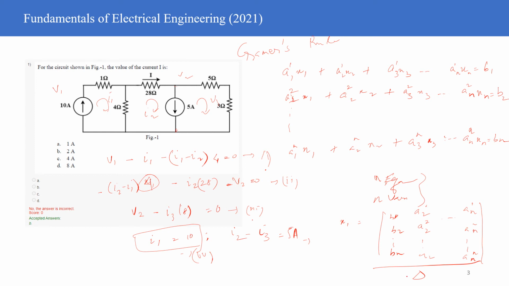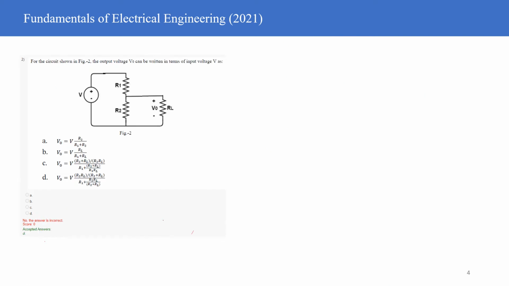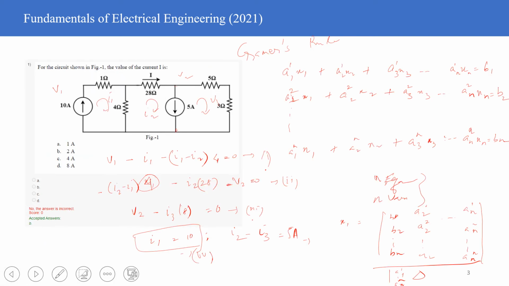So it will be nothing but a11, so on up to a1n, a21, so on up to a2n, and an1, so on up to ann, right? So this is the generalized form of figuring out x1, right?